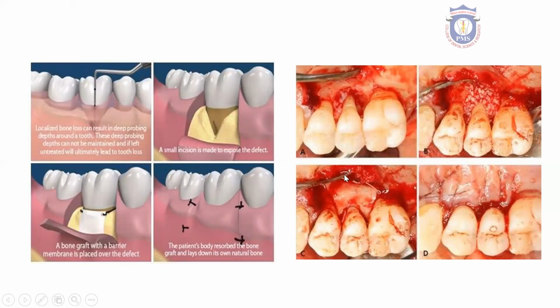Then the flap is repositioned slightly coronal to the original position, that is a coronally advanced flap. And then it is sutured both in the interdental area and in the vertical incision area. Suture should be given and a pack can be applied. By using a resorbable GTR membrane, there is no need for a second surgical approach.